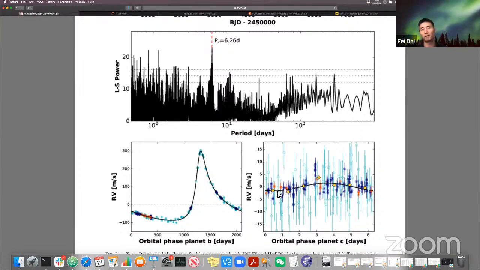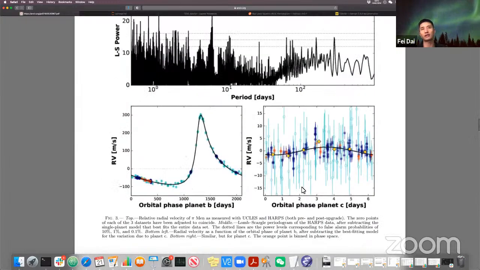But if you bring all of them down, given the large number of data points, you can actually make out a small sinusoidal trend that corresponds to the inner planet. So this radial velocity detection and the transit detection together actually make the status of the inner planet quite secure.